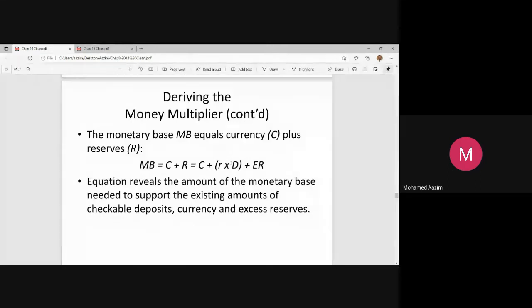So it's more straightforward now to say monetary base as C plus required reserve ratio times deposits plus excess reserves. This is nothing but this R component, reserves component, being expanded to say like this.